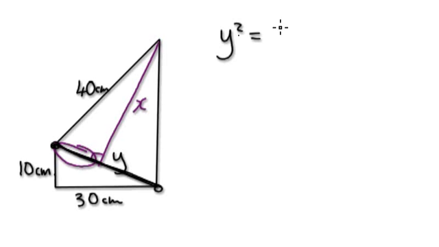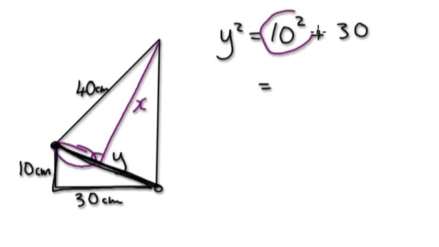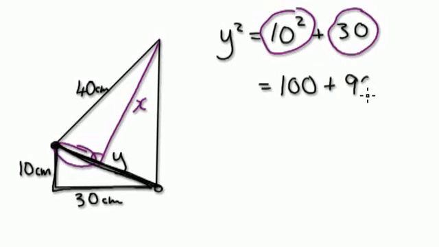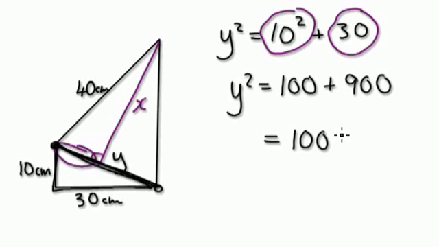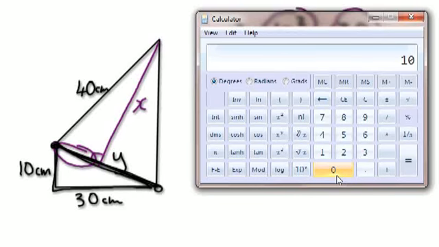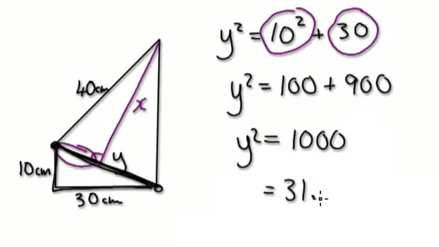So y squared equals 10 squared plus 30 squared, because we are looking at this small triangle first. 10 squared is 100. 30 squared is 3 times 3, 9, with 2 zeros, 900. Adding the two, y squared equals 1000. Then you square root both sides.